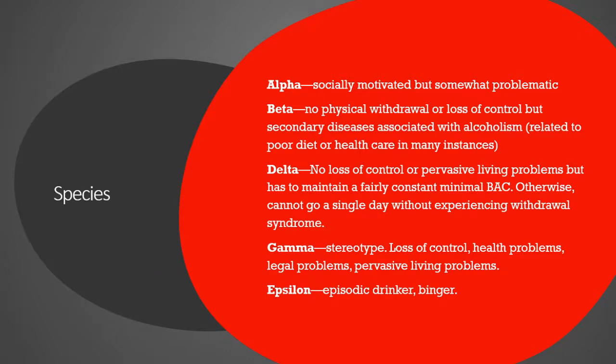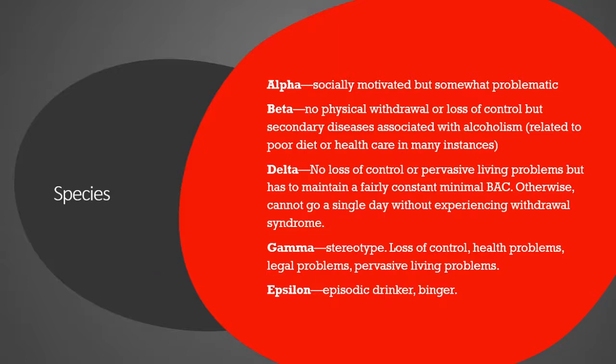Along that journey that Jellinek took with these recovering alcoholics back in the 30s and 40s, he began to define species, and these species refer to specific types of drinking.